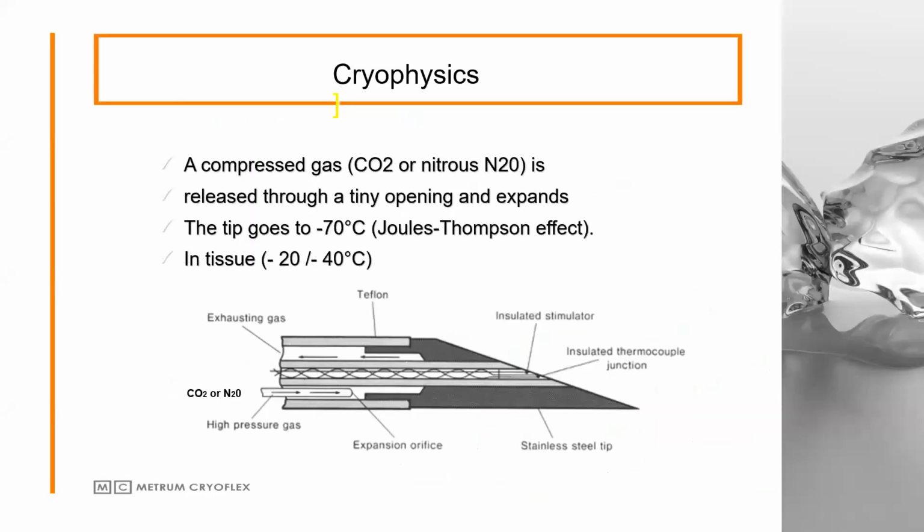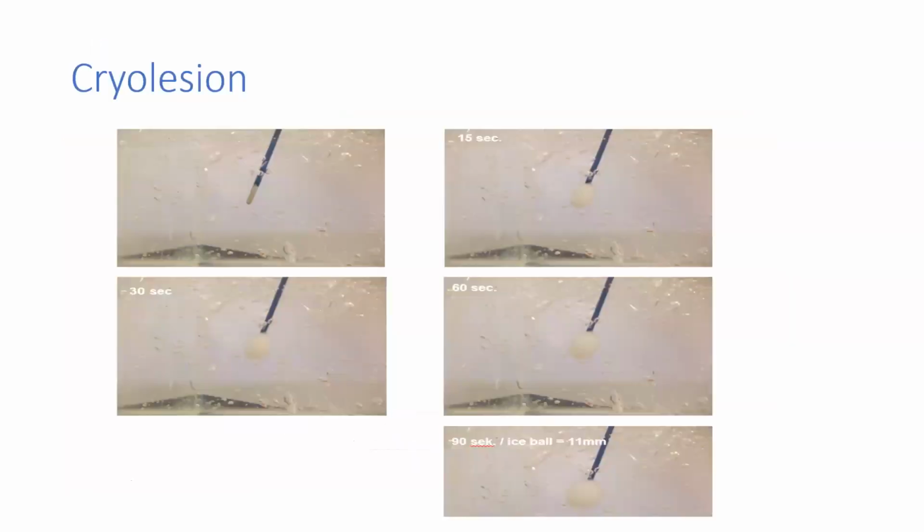When you talk about cryophysics, you have a compressed gas, either CO2 or nitrous oxide, and sometimes you have a huge tank. This compressed gas is released through the tiny opening that you can see here in the drawing, and expands to the tip. It goes to negative 70 Celsius, and in the tissues, when it's delivered, it's around negative 20 to negative 45 Celsius, as you can see in the small drawing.